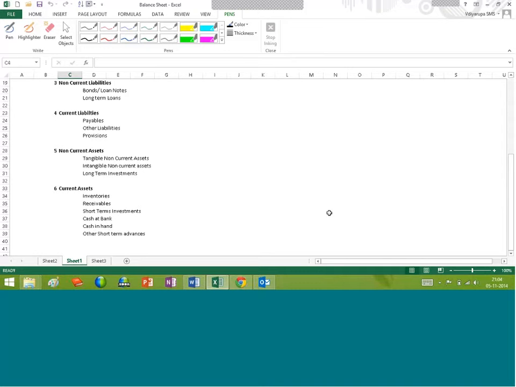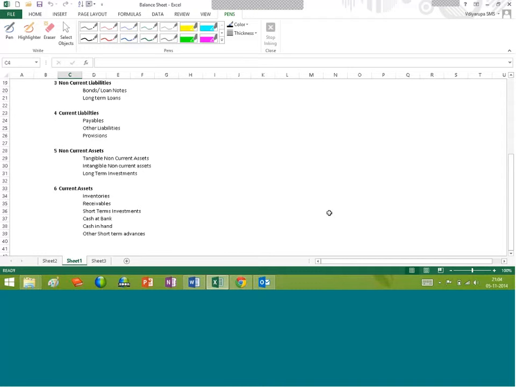That means the organization can expect a long-term benefit out of these assets. That is why we refer to it as non-current. In earlier balance sheets, we used to refer to these elements as fixed assets, which are those expected to give long-term benefits. Here, we refer to it as non-current asset.